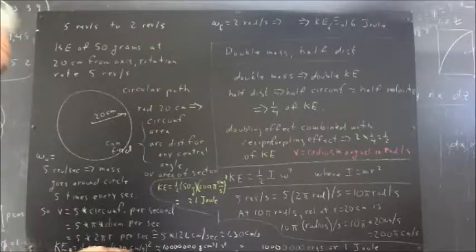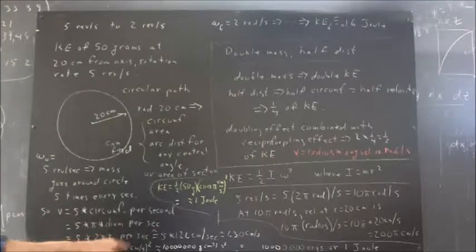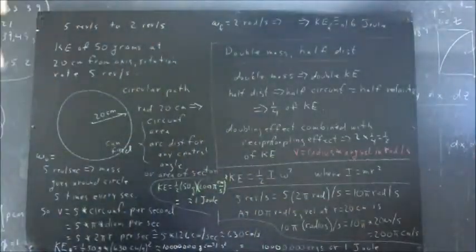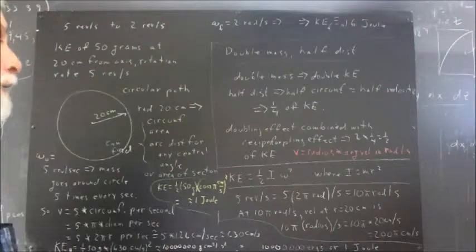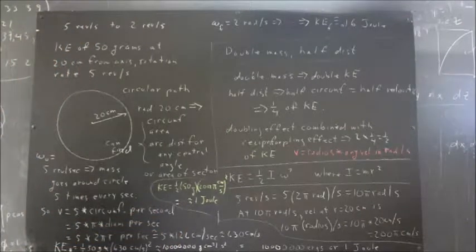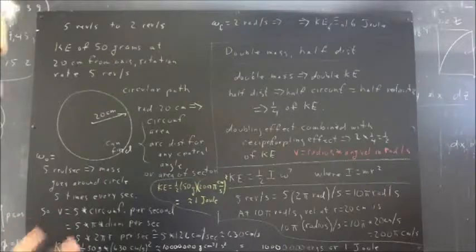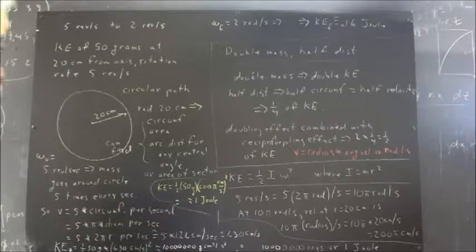When you're squaring the velocity, you're going to square a number that's 4/10 as much. You're going to get 0.16 times the energy, still the same mass. So you should be able to run through all this reasoning for the final angular velocity. And you should also understand the proportionality that if we have 4/10 of the velocity with the same mass, we're going to have 0.4 squared, or 0.16 times the kinetic energy.